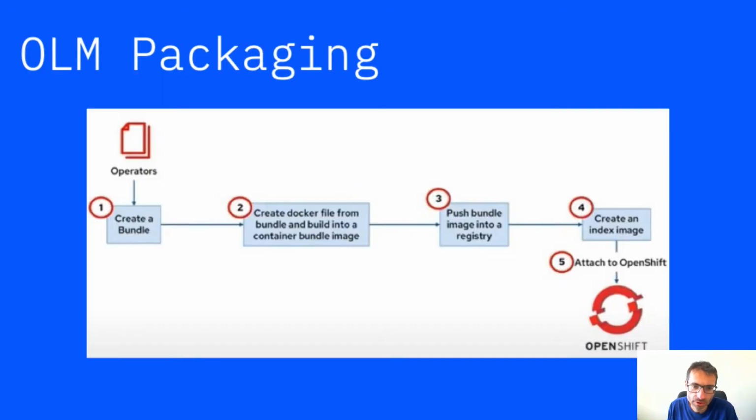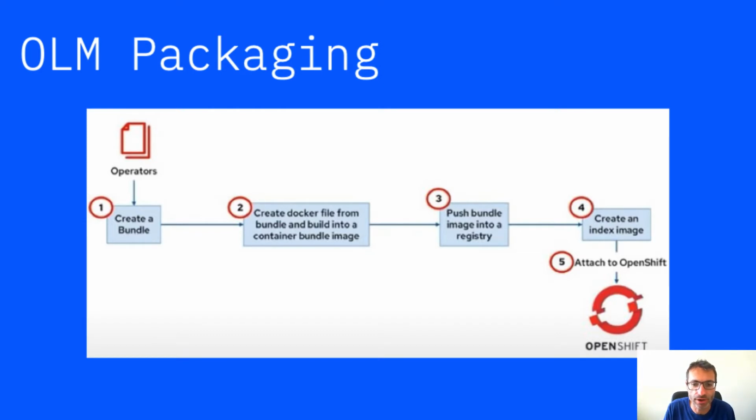In a moment, I'm going to install the two sample operators that I just showed you in the Operator Hub, but before I do that, I want to explain briefly how we went about packaging those operators so that they are compatible with the Operator Lifecycle Manager component. So all you need to do is to create a bundle of files, and there are tools to help you create that bundle. In that bundle of files, it essentially describes the operator. So for example, does the operator depend on any other operators to do its work?